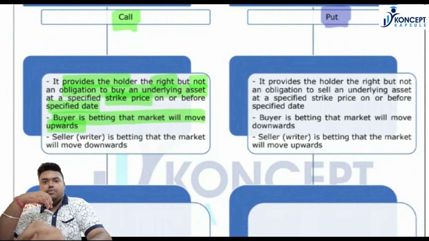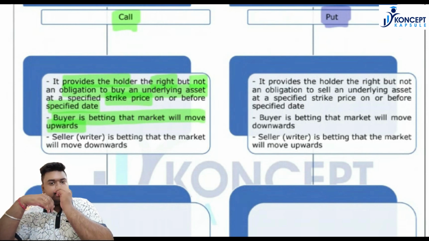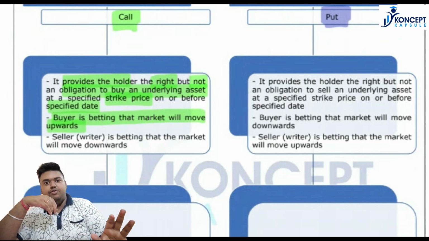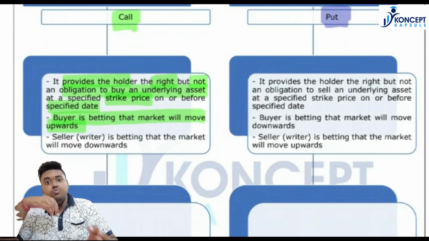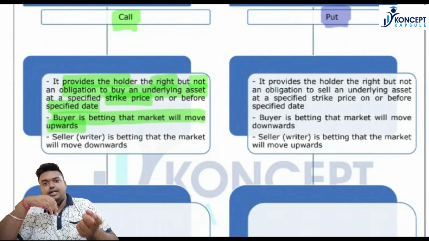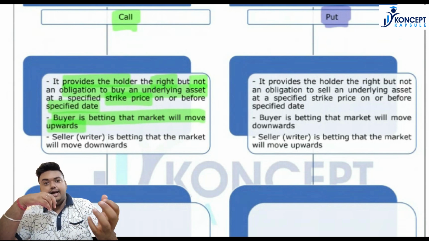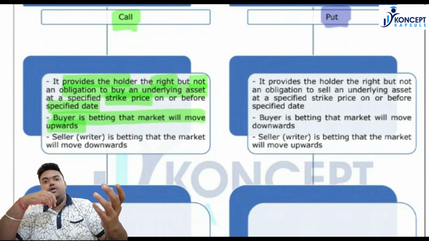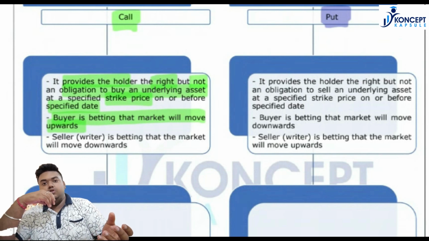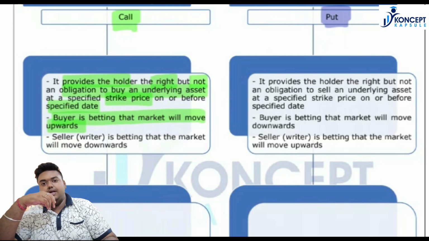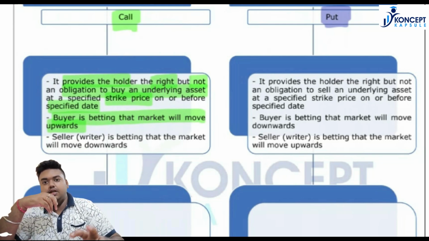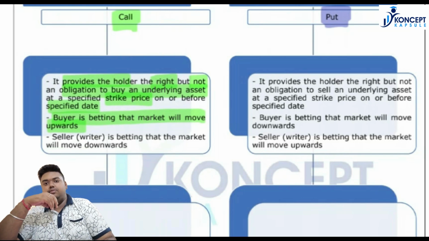So, what is call? Call is an option contract where the holder has the right to buy. When do I take a right to buy? I will take a right to buy when I believe the market will go up. So, in our example of gold, what kind of an option did Raju have?